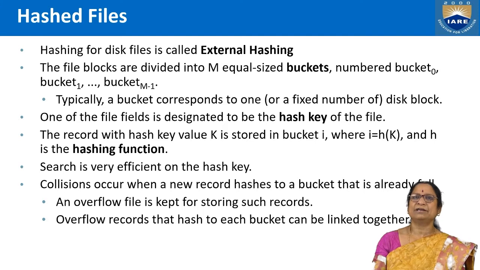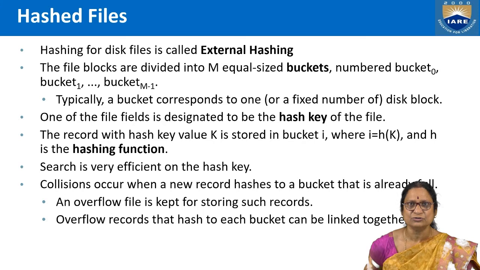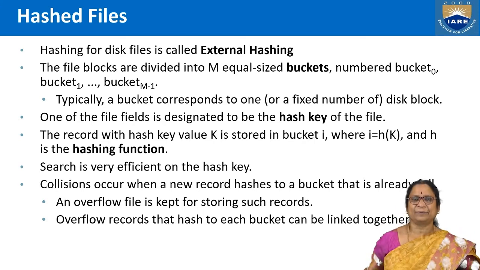Hashing used or implemented on disk files is known as external hashing. As external sorting is there, similar to that, external hashing. That means in this hashing technique, we are going to use the secondary storage device to store our data temporarily. And the file blocks are divided into m equal sized buckets, numbered bucket number T0, T1, T2, etc., Tm-1.